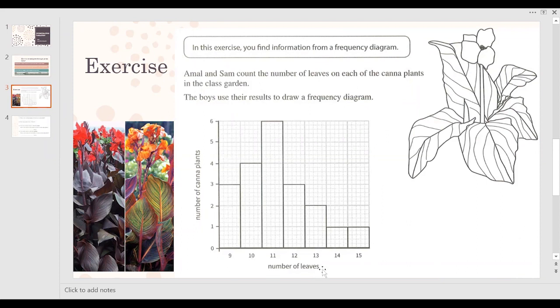And we said last time that it is important while constructing a frequency diagram to firstly determine the components of the x-axis and y-axis. So those components that we are dealing with, we're going to count the number of leaves per each plant that we have collected. The students have done it for us. Now, there are some questions given.